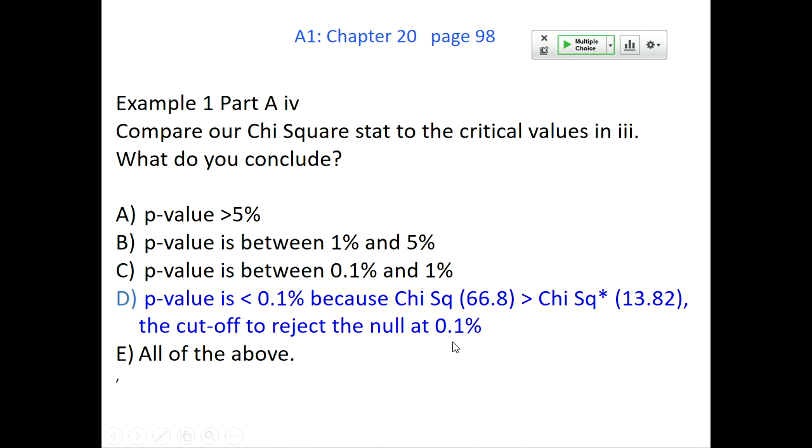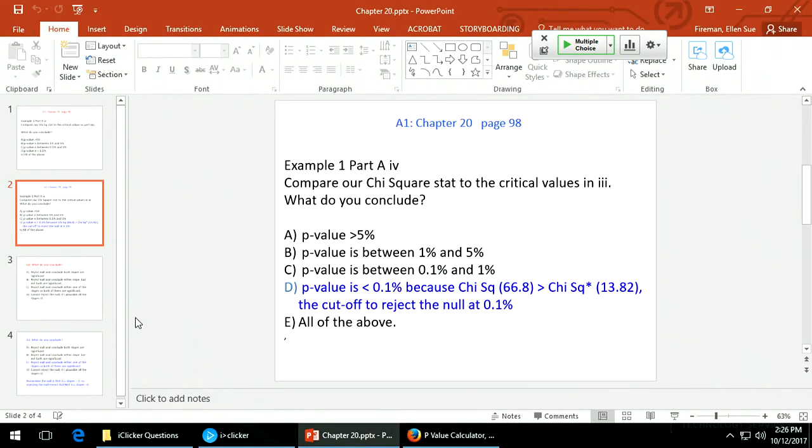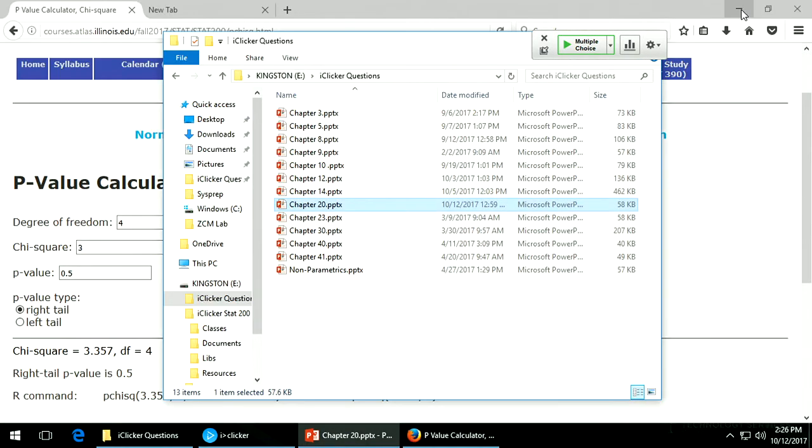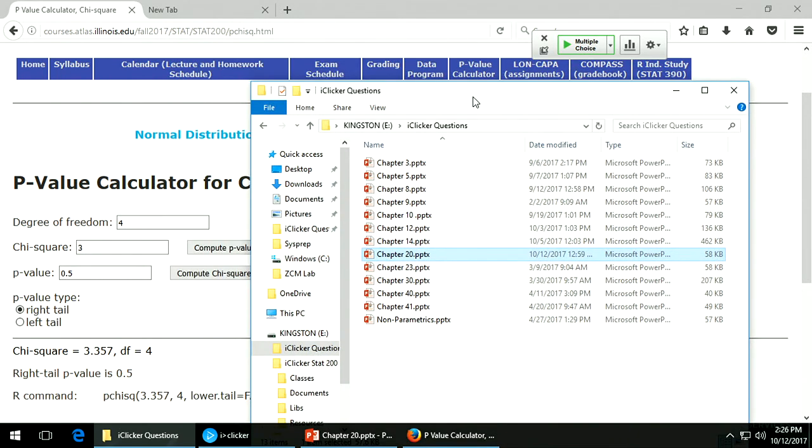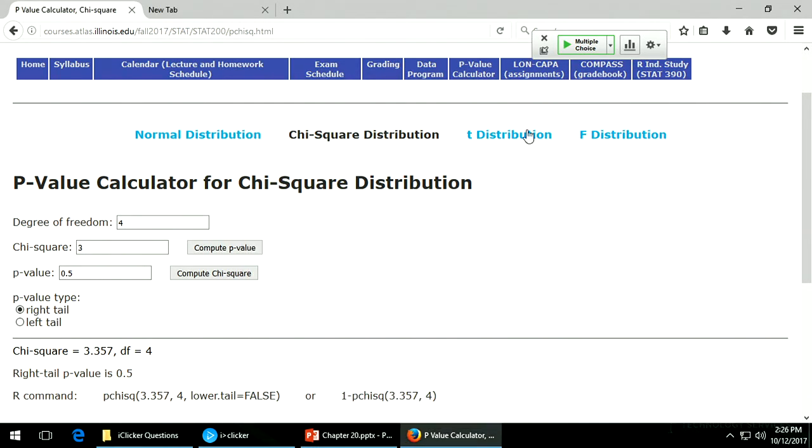All right, so what does that mean? For those of you who got it wrong, I think the most helpful thing would be to go to the chi-square distribution and try it.